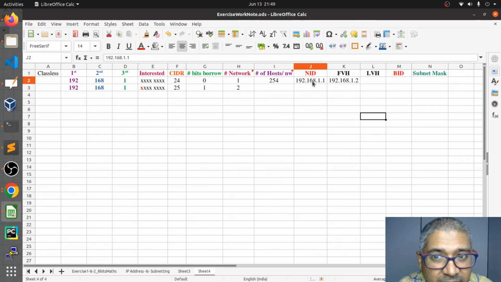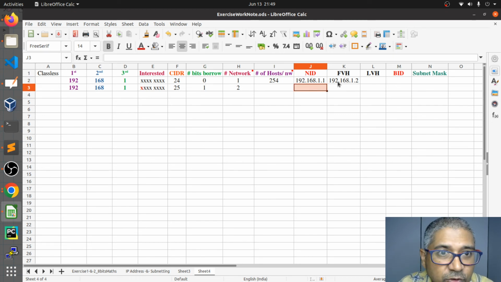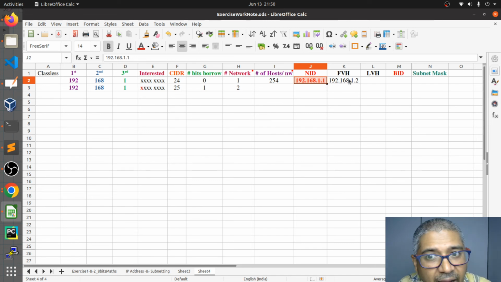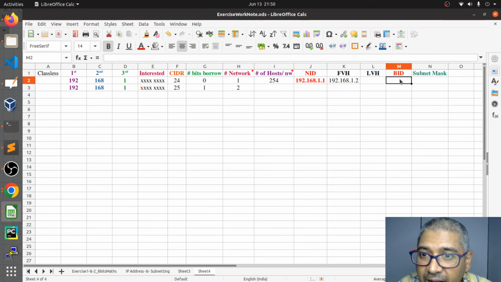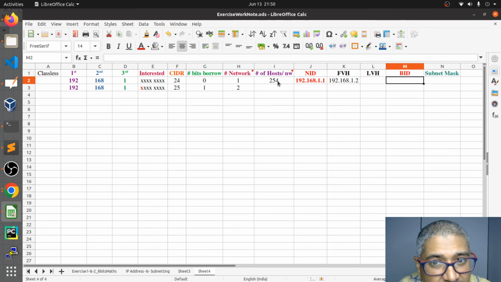Because this is the network ID. So the first IP is nothing. The first valid host after the network ID is called the first valid host, and the last valid host will be 255.